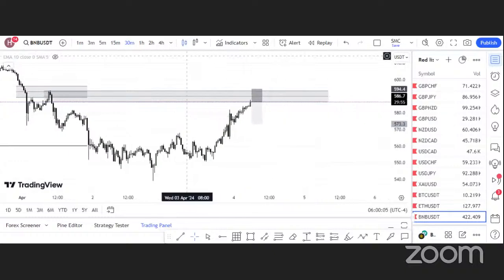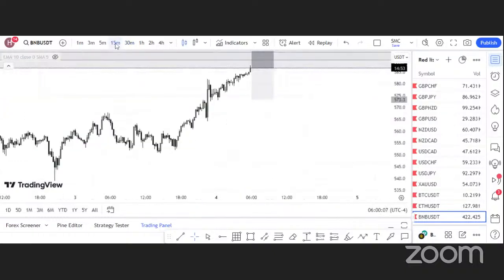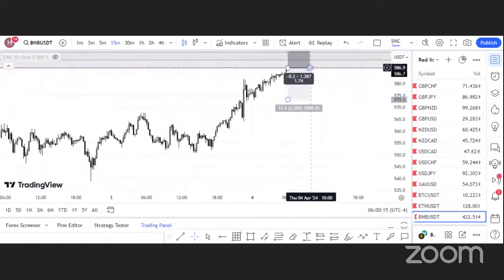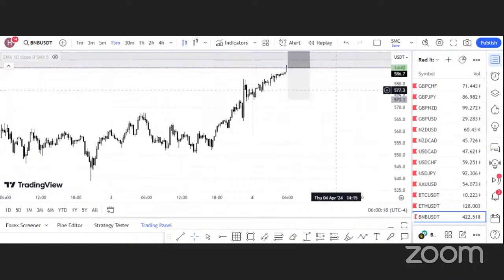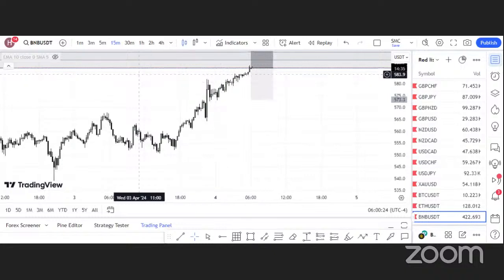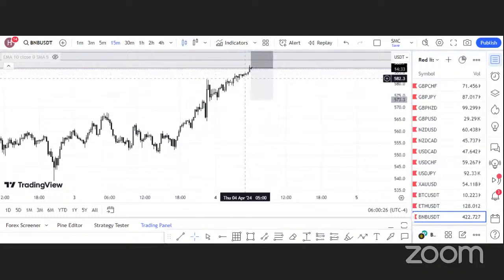So the candle closed, but we don't have the rejection we hoped for. Okay. So maybe the next candle will give us the rejection, but our time is up. Okay. So make sure you stay on this chart. Make sure to look out for the rejection. And once you get the rejection, take your sell trade.